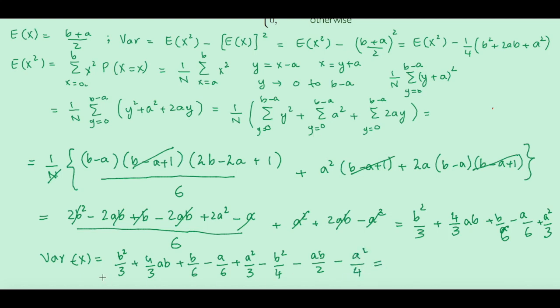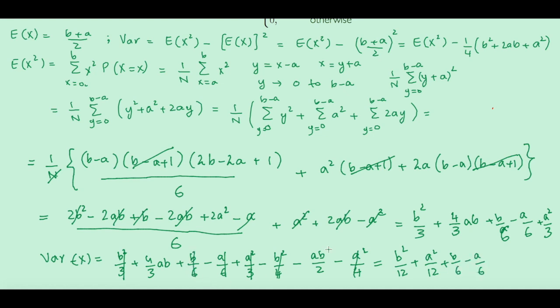So b squared over 3 minus b squared over 4 is b squared over 12. Similarly, a squared over 3 minus a squared over 4 gives us a squared over 12. Now we have b over 6 minus a over 6.